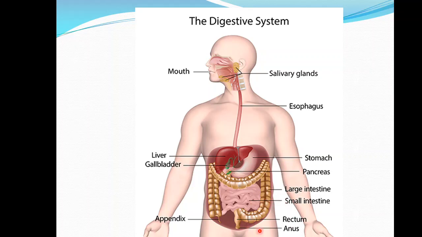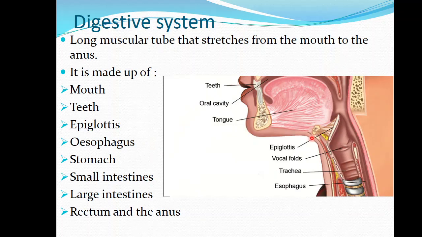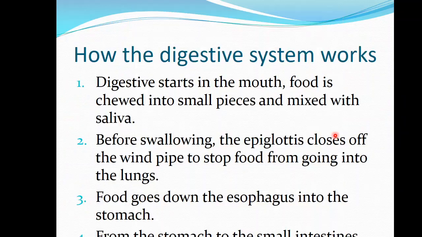Please be able to label the digestive system. Mostly you need to know the small intestines, the large intestines, the stomach, the esophagus, the mouth, and the epiglottis.